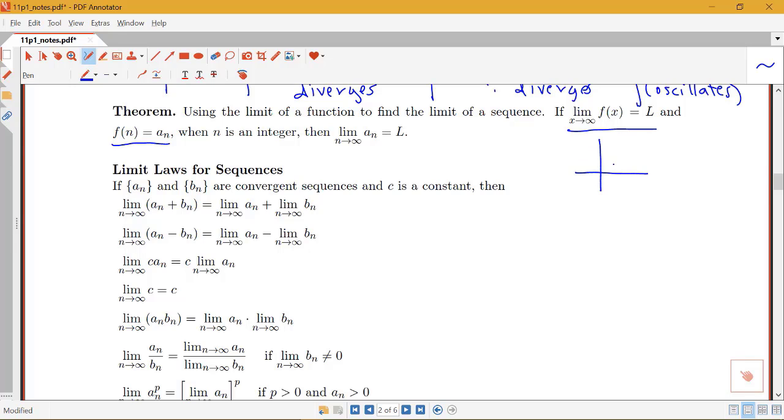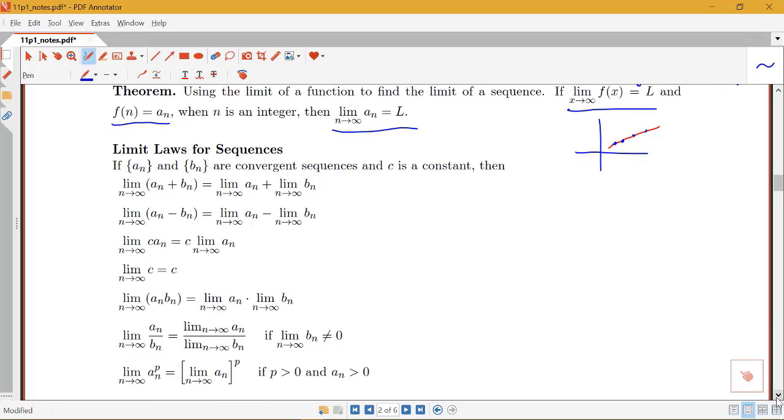I was drawing something like this for my sequence, but maybe that's some subset of a function whose limit we can find. If the limit as x goes to infinity of the function is L, then the limit as n goes to infinity of our sequence an will also be L. This is what allows us to use all the properties we had for limits of functions and apply them to the limits of our sequences.